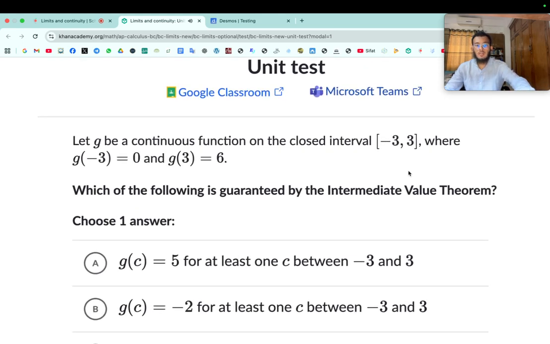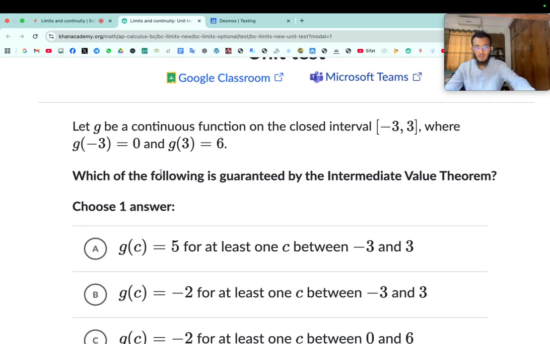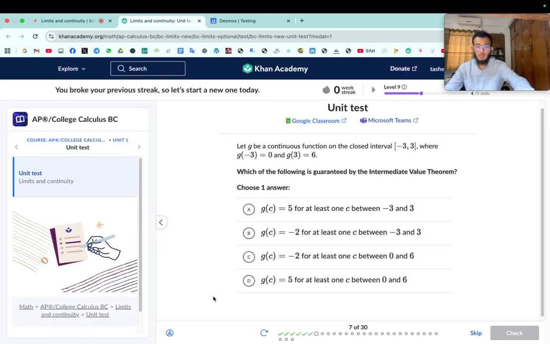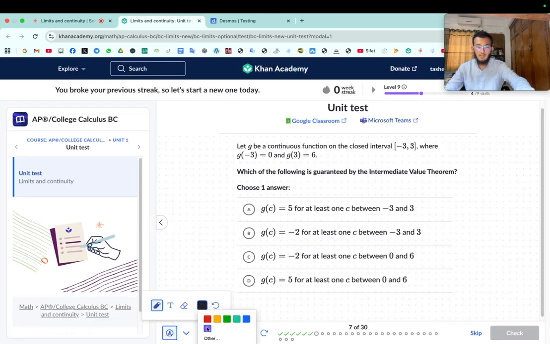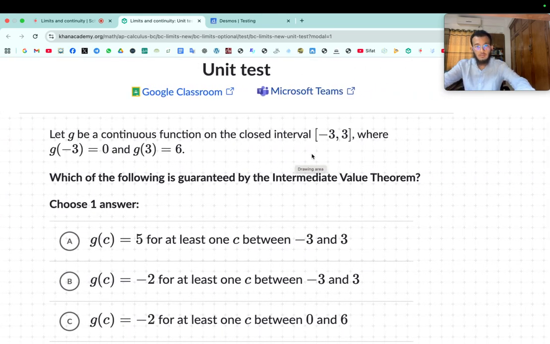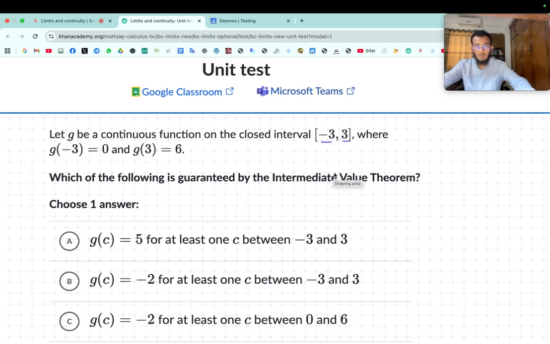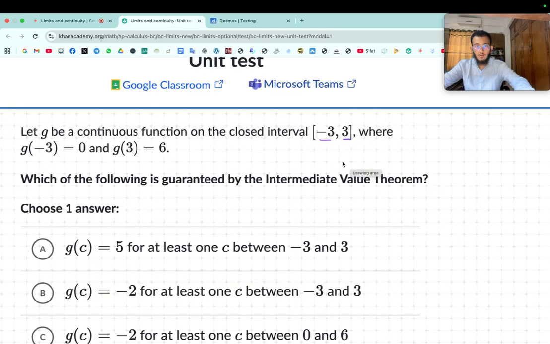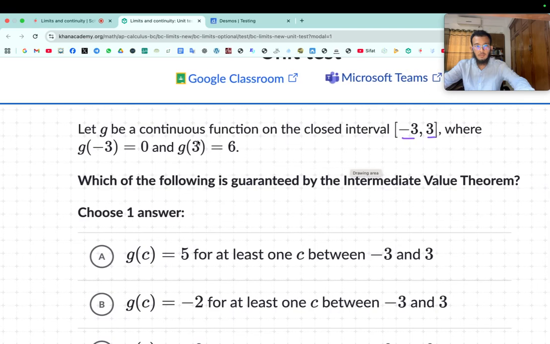Let g be a continuous function on the closed interval. What of the following is guaranteed by the intermediate value theorem? We have to carefully analyze this using the graph. It is continuous from negative 3 to 3, so no jumps or discontinuity.